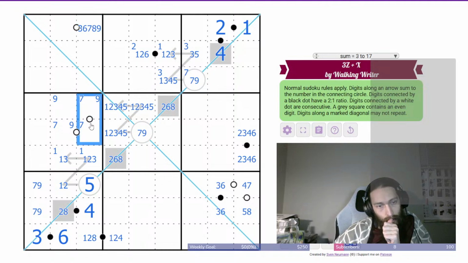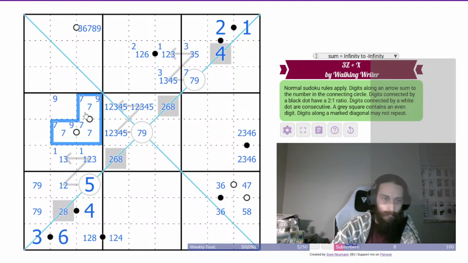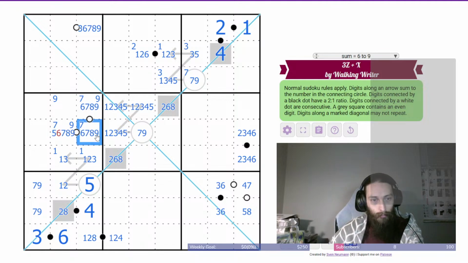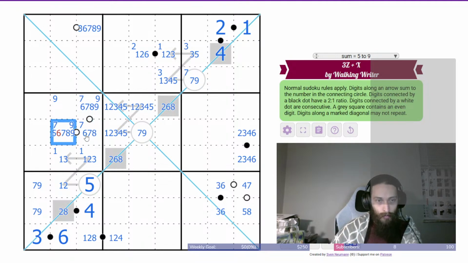Although, because this has to have a 7 on it somewhere, you can go up 8, 9, or you can go down 6, 5. These two can't have 5s on them. Can't put 9 in the middle. And this one's not a 6.